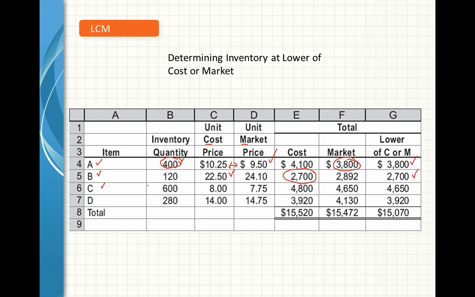For item C, I have 600 units in my stock, which I purchased at the rate of $8, but the market price in the present prevailing market is 7.75, which is lower as compared with the cost price. Therefore, I should consider this 4650. This amount will go to the balance sheet.